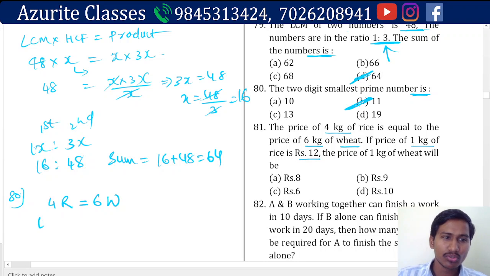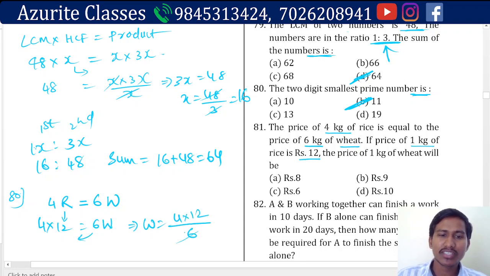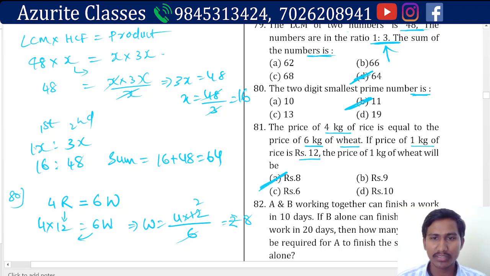So 4 into 12 rupees is equal to the price of 6 kg wheat. So if you divide by 6, you will get the answer. So 4 into 12 divided by 6. 6 twos are 12, 4 twos are 8 rupees. Rupees 8 is the answer, option A, okay.